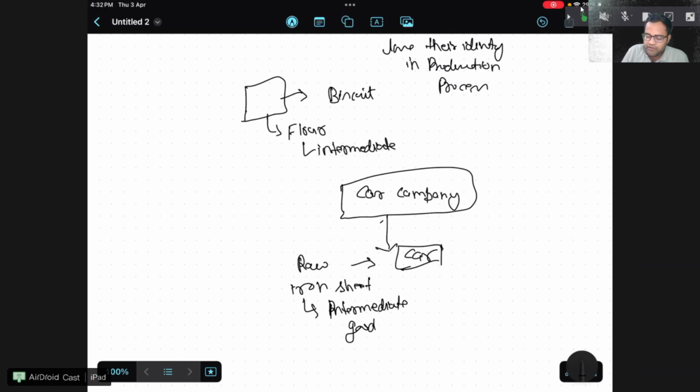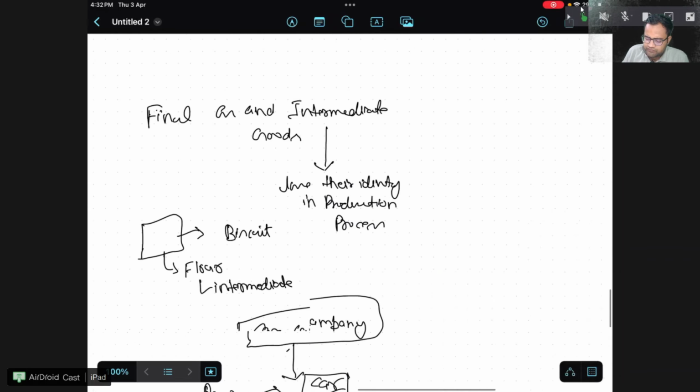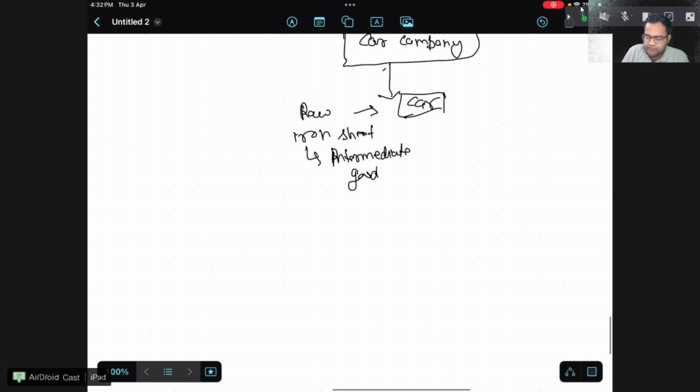And for the final goods, there are two types of final goods. First, final goods are those goods which are used completely by the households or by the government. Used up completely means they are finally consumed either by the government or by the households. Those are the final goods, the first type.